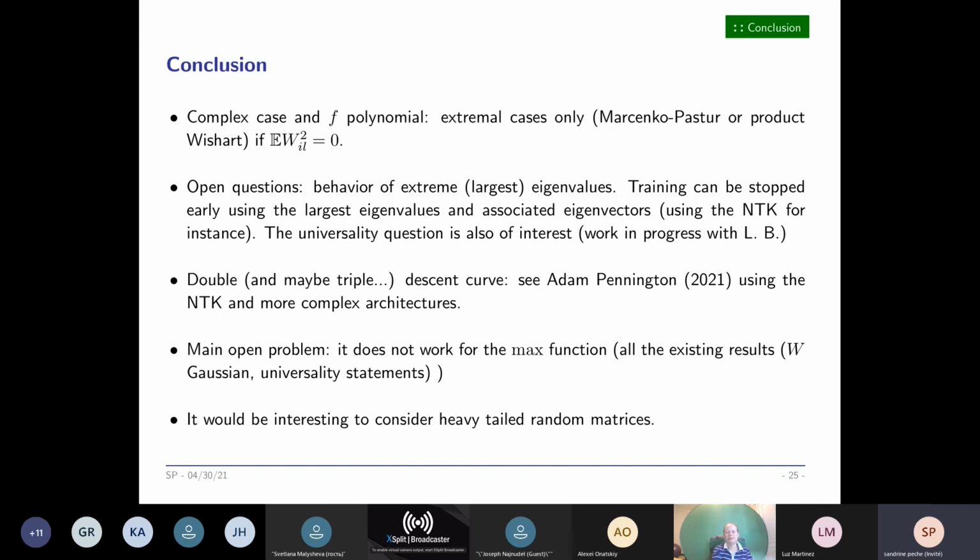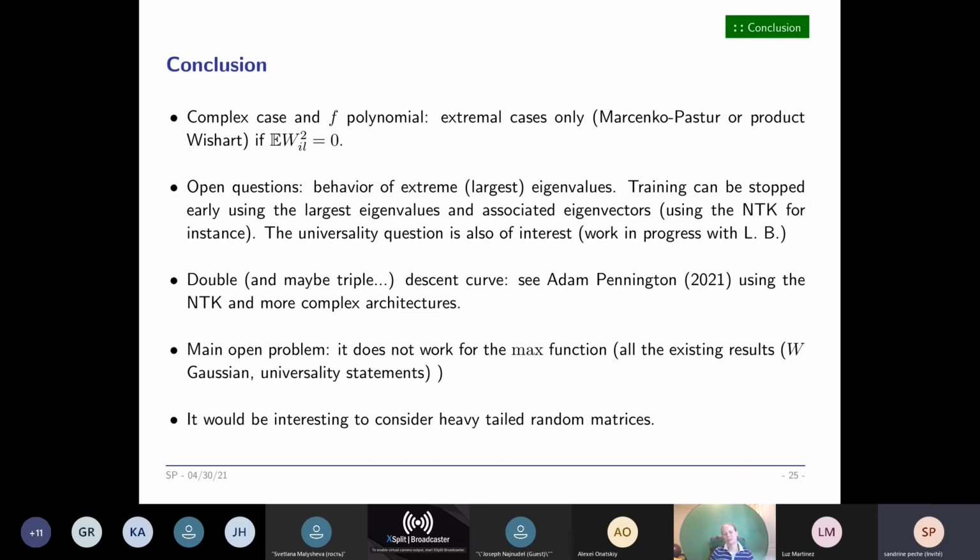In the complex case, the limiting distribution has 2 possible distributions, which is either the Marchenko-Pastur distribution or the product-Wishart distribution. Okay, but there is no interpolation limit between these 2 ones, provided this condition is satisfied. So what is left here is the behavior of extreme eigenvalues.